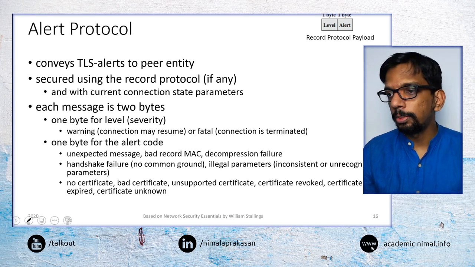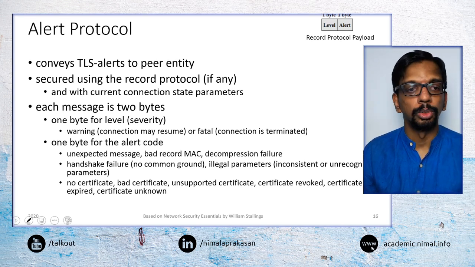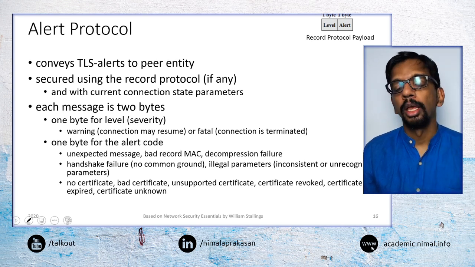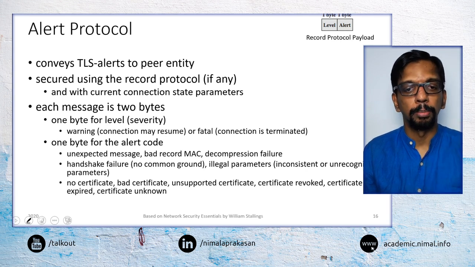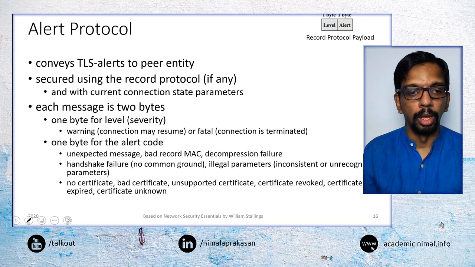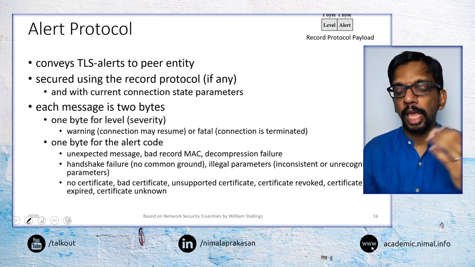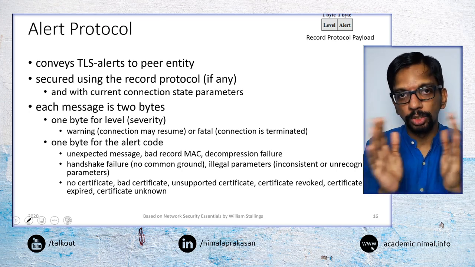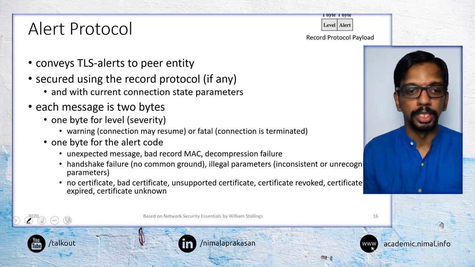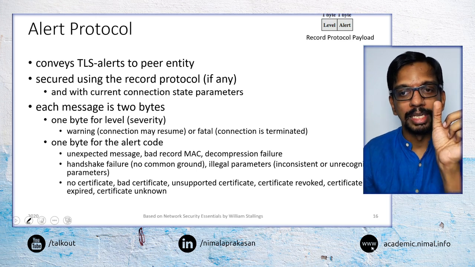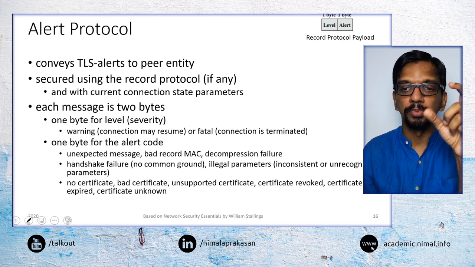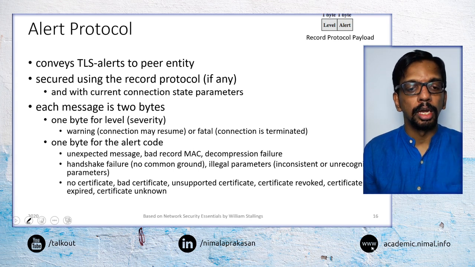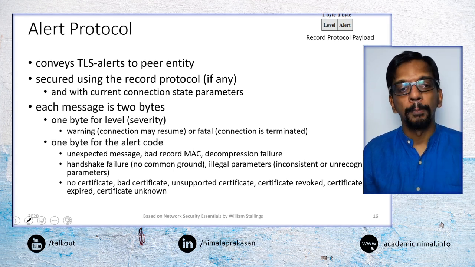Then the alert protocol is basically to convey TLS alerts to peer entities. It is a two-part message. One is the severity level, which can be a warning alert or a fatal alert.